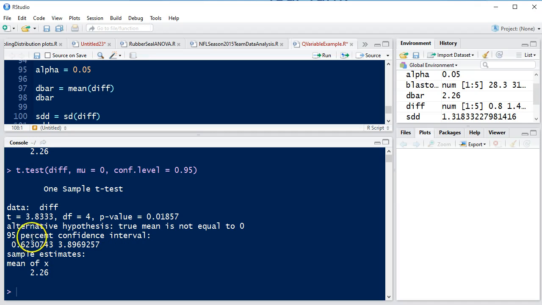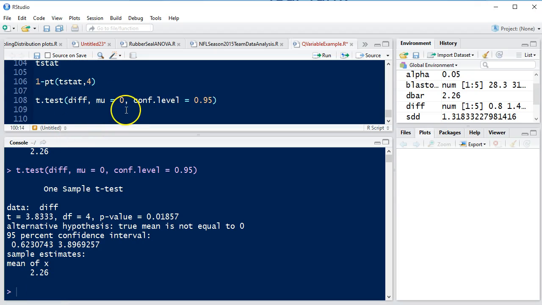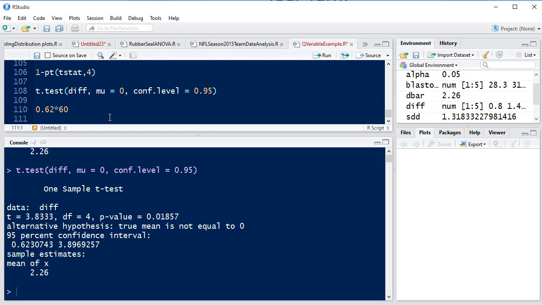And so we could also convert this into minutes and seconds, and I think that would make more sense. So if we look at this confidence interval, we could say 0.62 times 60 and 3.89 times 60, or more like 3 minutes and then 0.89 times 60.